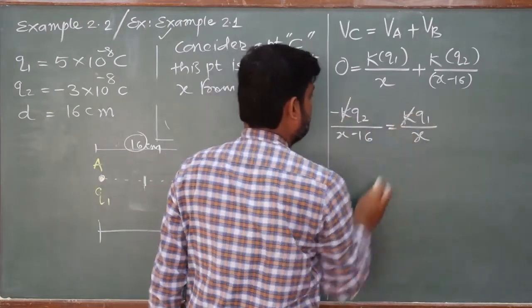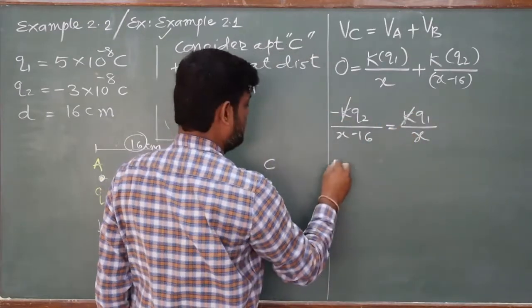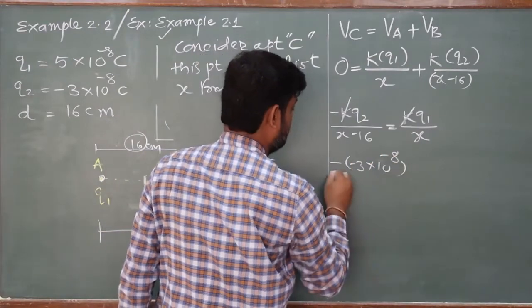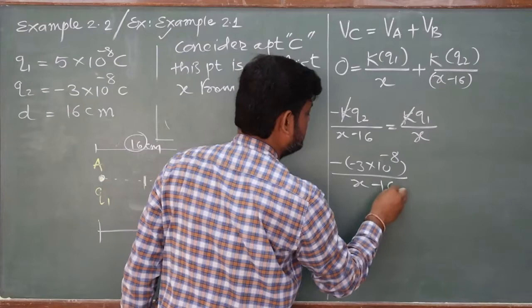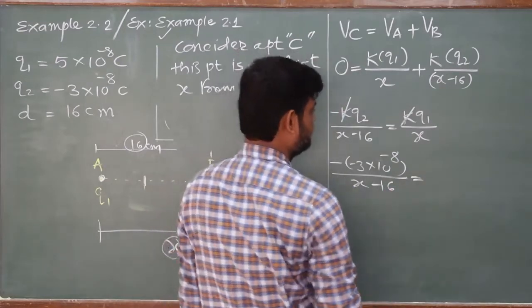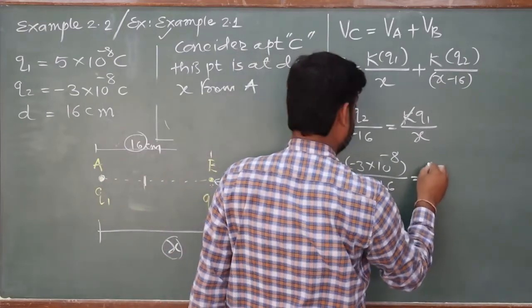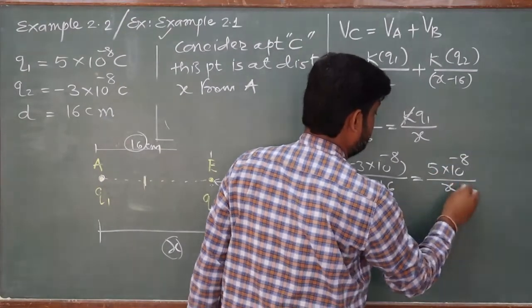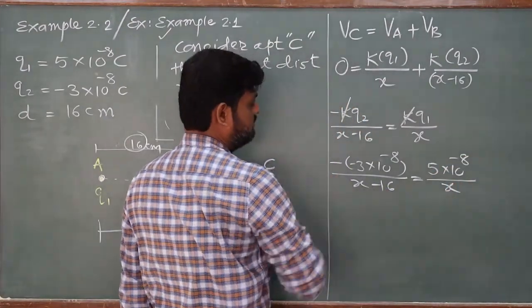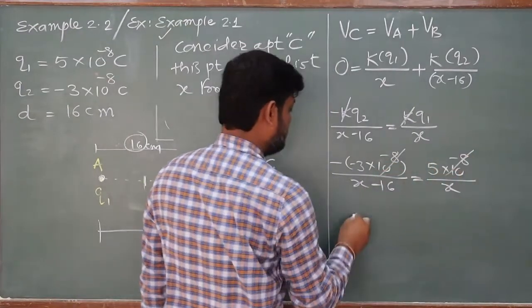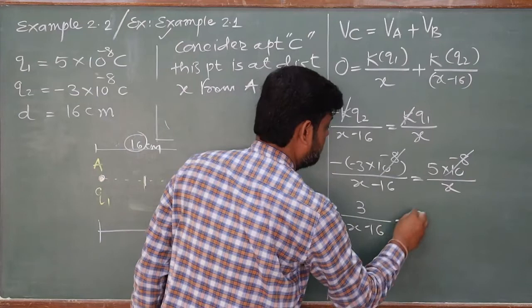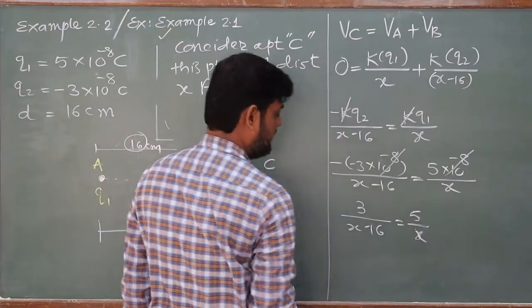This K gets cancelled. The value of Q2 is minus 3 into 10 to the power minus 8 divided by x minus 16 equal to Q1, 5 into 10 to the power minus 8 divided by x, as it is. So this becomes plus, this gets cancelled. Here 3 divided by x minus 16 equal to 5 divided by x, right?